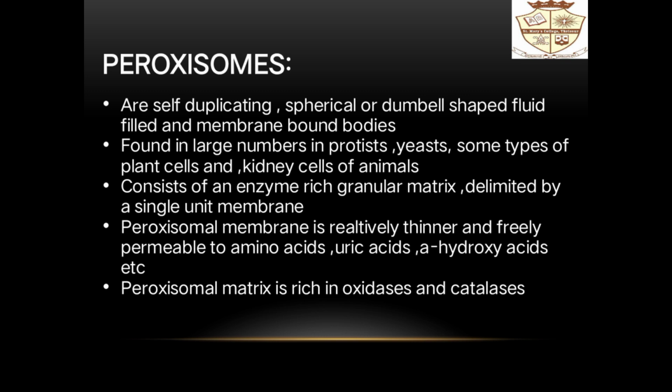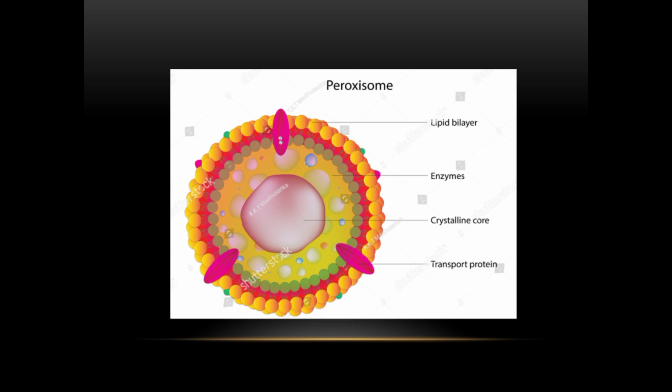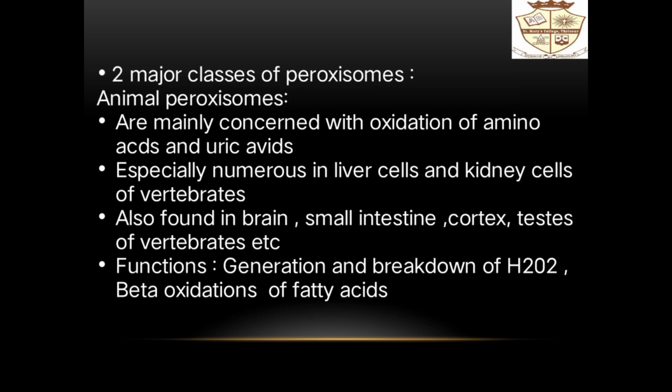They consist of an enzyme-rich granular matrix delimited by a single unit membrane, and the peroxisomal membrane is relatively thin and freely permeable to amino acids, uric acid, alpha hydroxy acids, etc. The peroxisomal matrix is rich in enzymes such as oxidases and catalases. Here is a structure of a peroxisome with a lipid bilayer, crystalline core, and transport proteins.